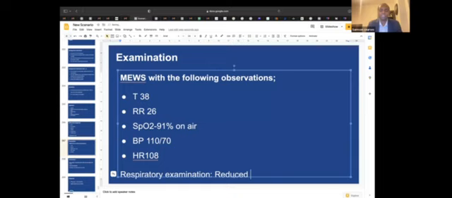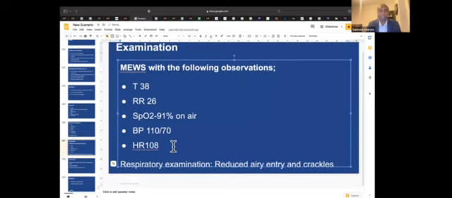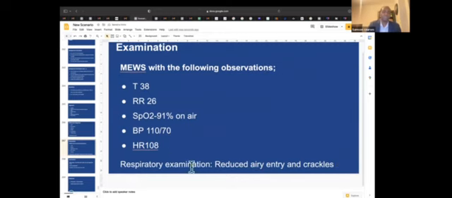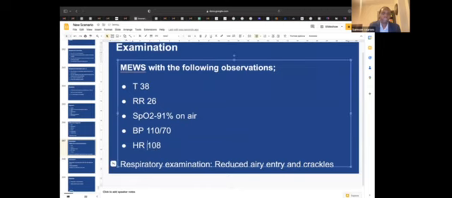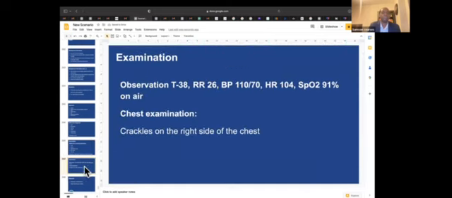You'll be given findings: reduced air entry and crackles on the right side. That's what you would find. So these are examination findings, crackles on the right side of the chest and reduced air entry.